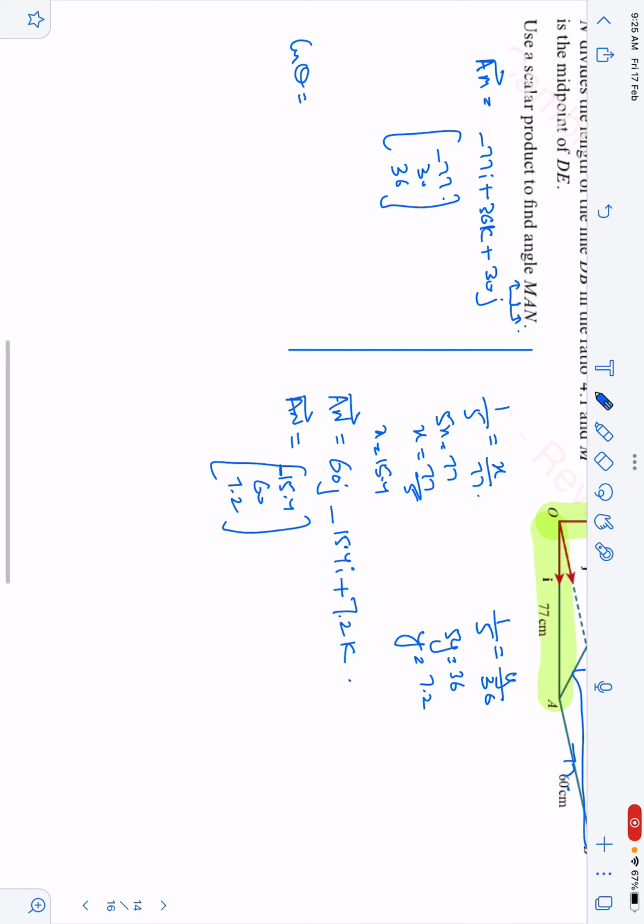Cos theta equals AM dot AN divided by the product of the magnitudes of AM and AN.